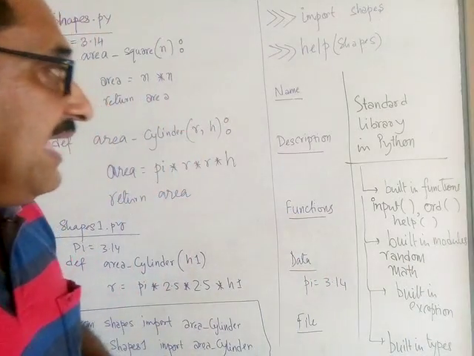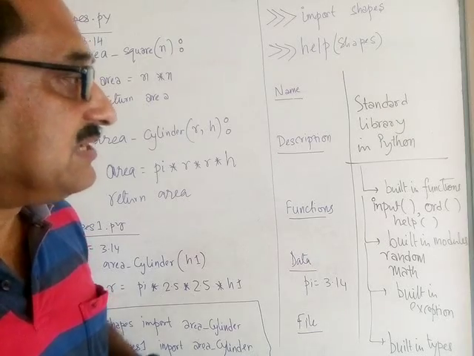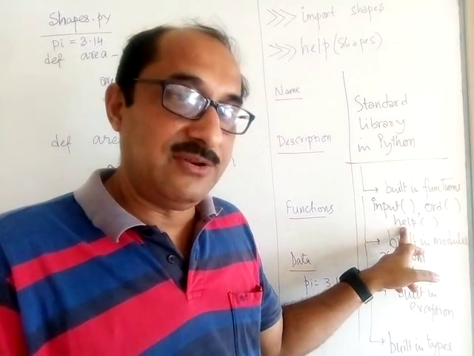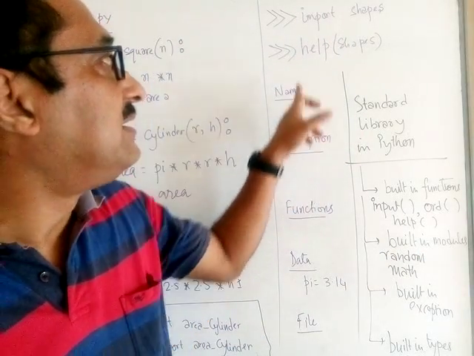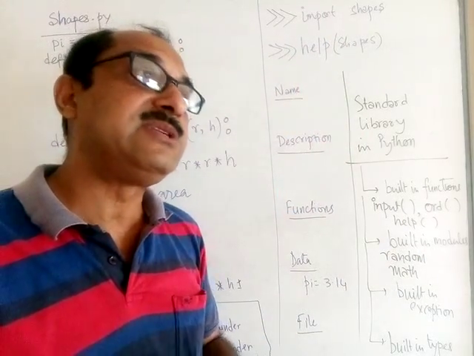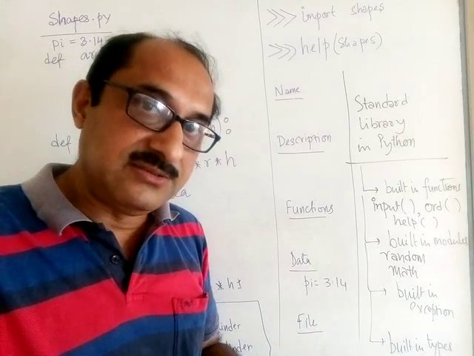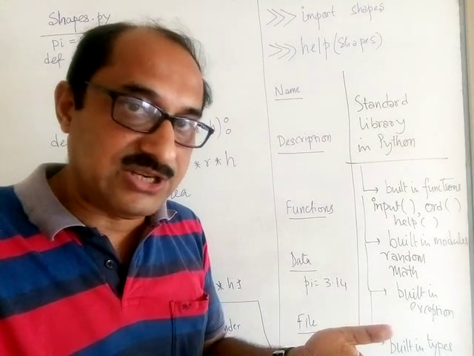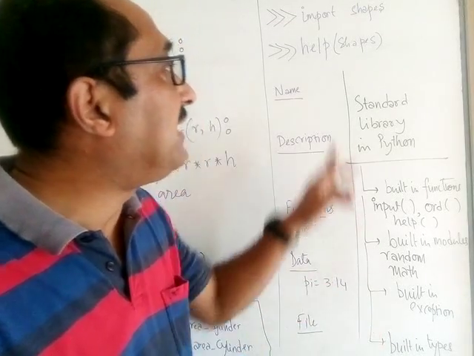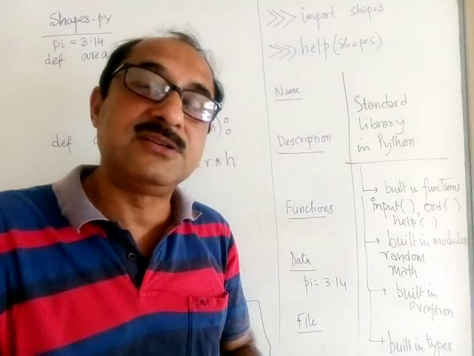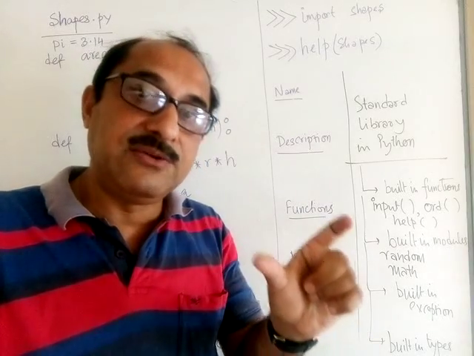Fine. Okay, another small thing I just wanted to discuss with you, for example, this help function, right? Yesterday I told you what happens. You can use the help function in connection with a package that you built in. It shows the structure of the package, which I showed you yesterday. You can also use the help function in connection with a particular module.